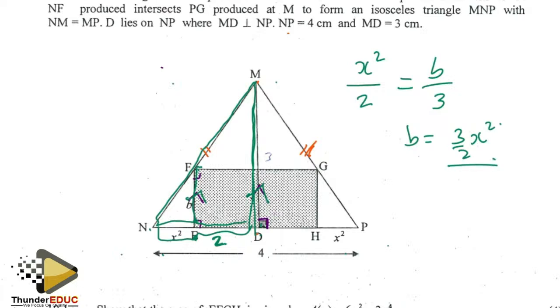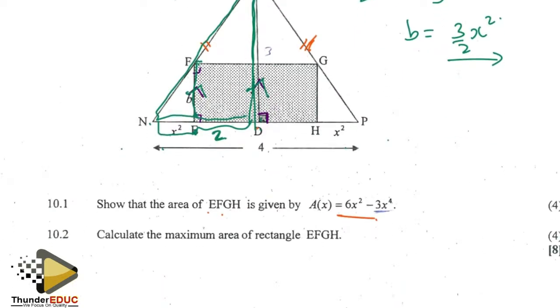Okay, so having said that, then I can go on and get my area. So we know that the length of the rectangle is going to be 4 minus 2x squared. Okay, because this is x squared, this is x squared. I'm subtracting these 2 from 4 to get my length. Now I already have my height as the b, which is 3 over 2 x squared. Then I just need to multiply this.